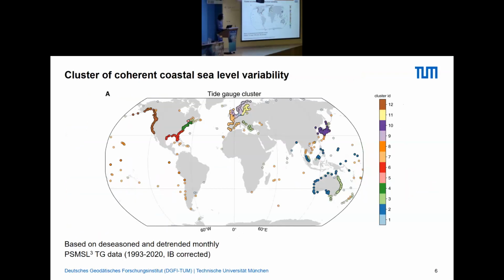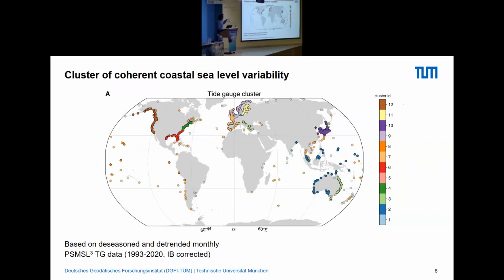This is our result. We could show that there are regionally coherent clusters, which also look pretty meaningful considering previous research. We see a strong connection in sea level variations along the northwestern US coast or the North American coastline.